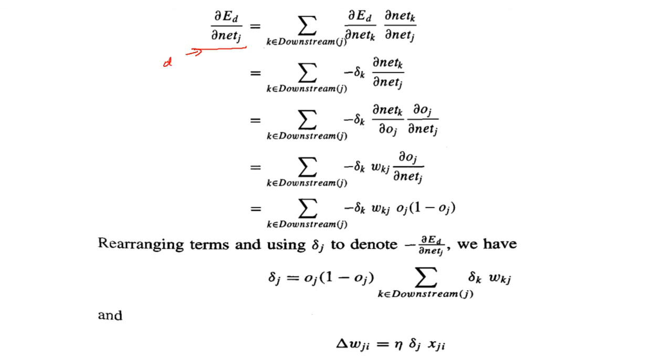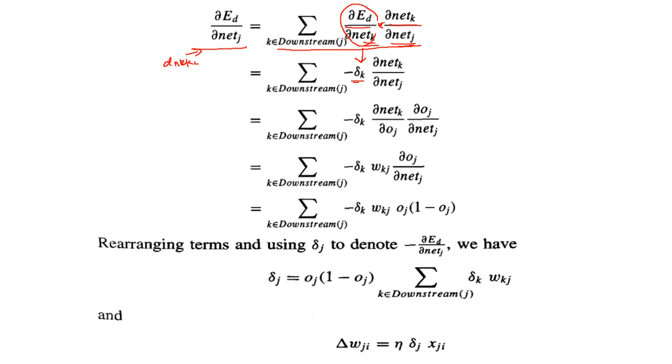Hence we have to rewrite the same equation as summation of k belongs to downstream of j of differentiation of Ed divided by differentiation of net k multiplied by differentiation of net k divided by differentiation of net j, and this particular term will be rewritten as minus delta k, just as we have seen in the previous slide.